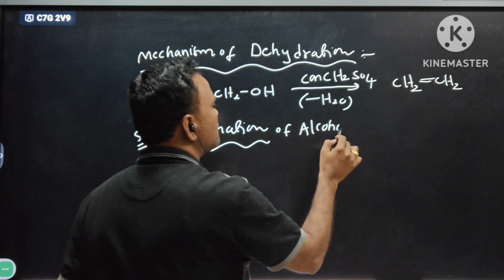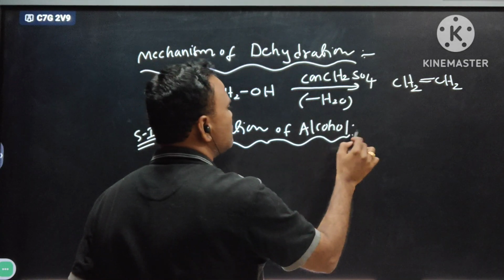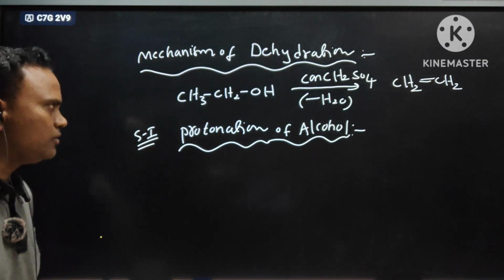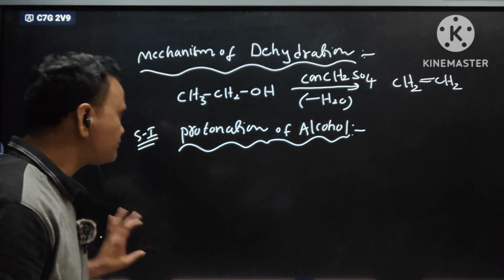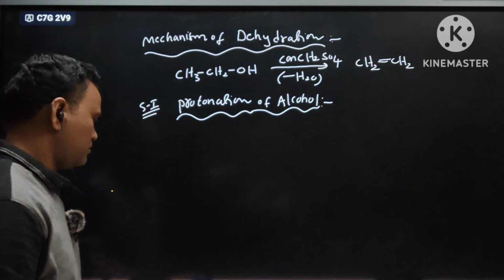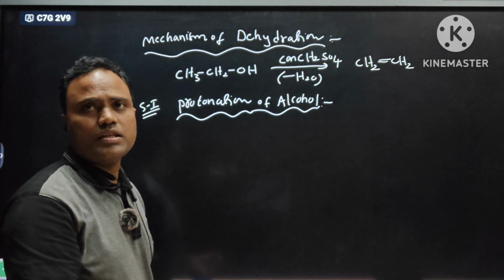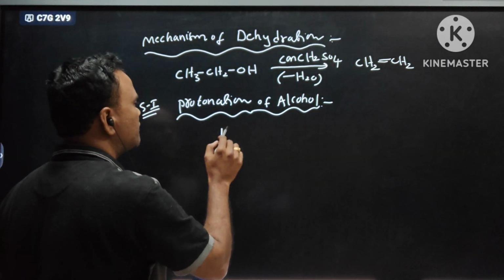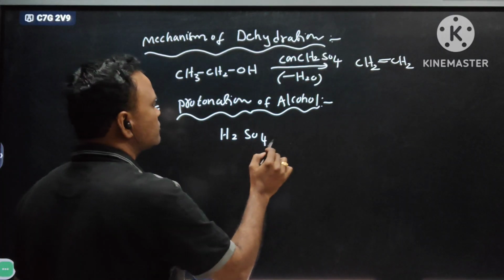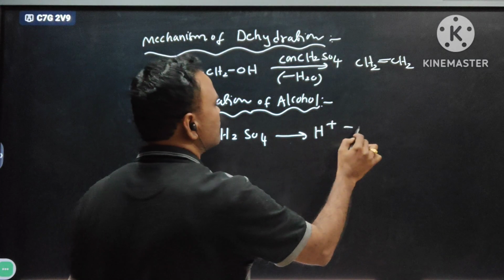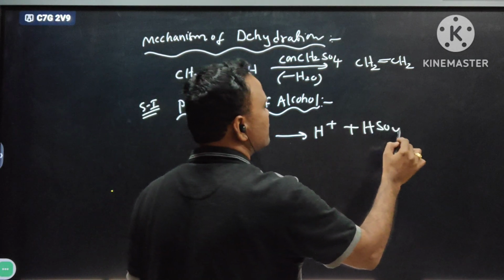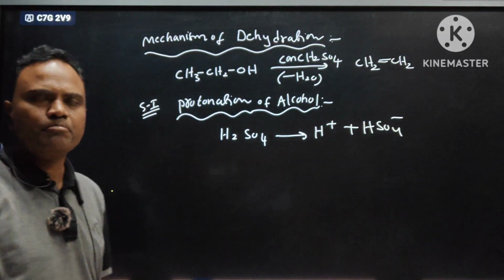Protonation means addition of a proton, H plus, to alcohol. I am taking sulfuric acid and dissociating it to get a proton. H2SO4 dissociates into H plus and HSO4 minus.